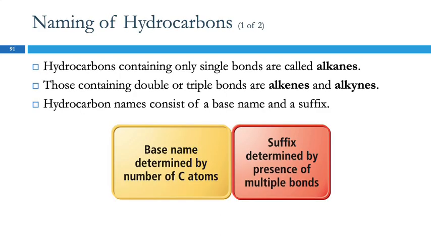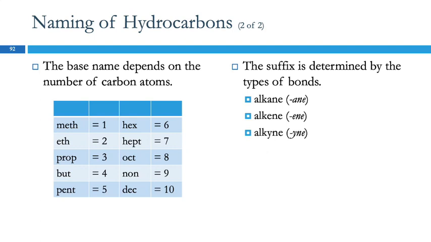So this is kind of what I just told you. If we only have single bonds, it's got "-ane" at the end. If it has double bonds, at least 1, "-ene", triple bond, "-yne". And so the names for these things are a base name that's related to the number of carbons, and this suffix which tells us about what kind of bonds there are.